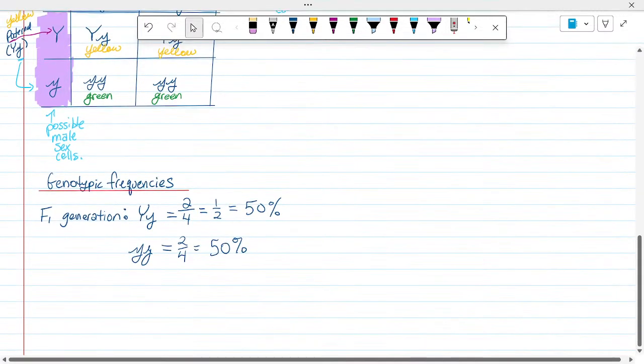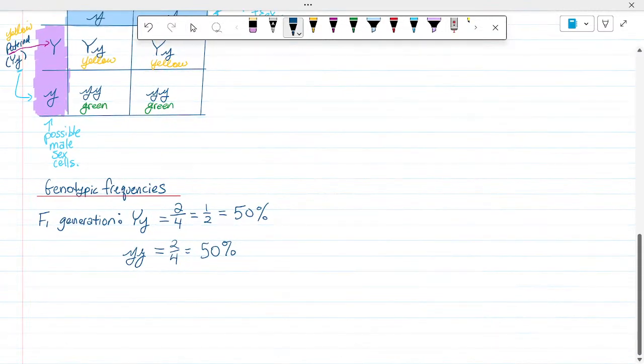What's the other type of frequency? We can talk about the genotypic frequency, which is how often we see each gene combination. We could also talk about, does anyone remember the word? Phenotypic frequency. What's phenotype again? Genotype is what genes they have. Yeah, the trait, which in this case is what color they are.